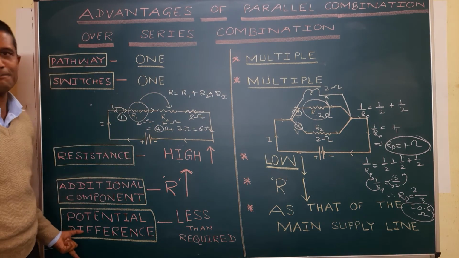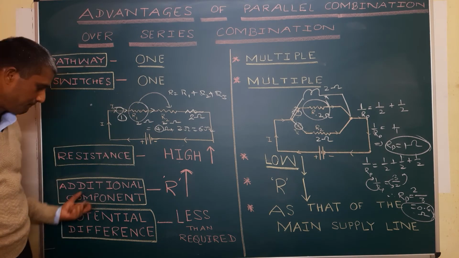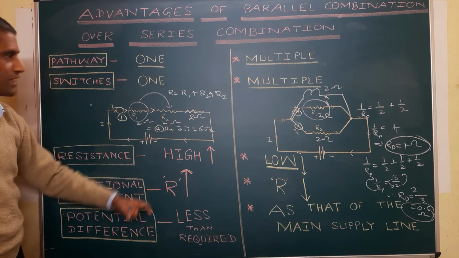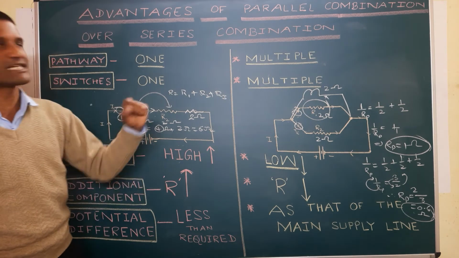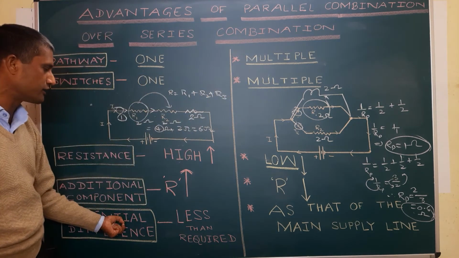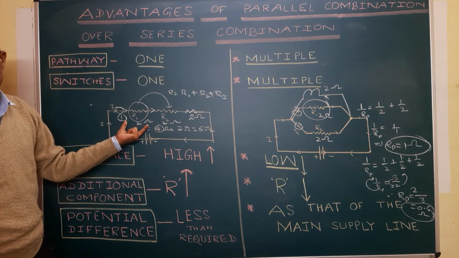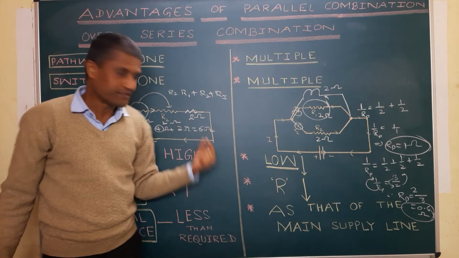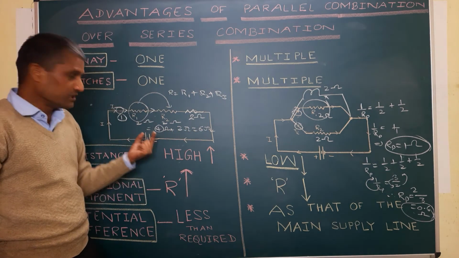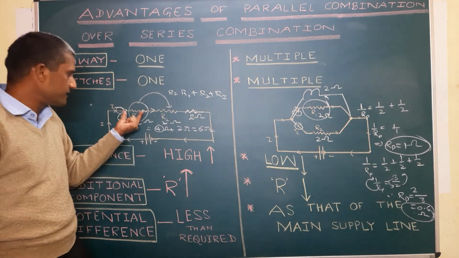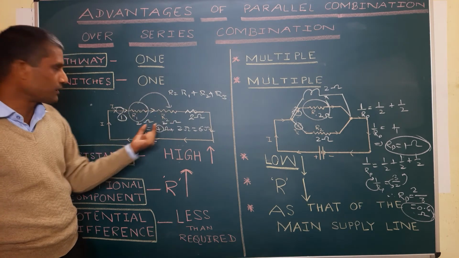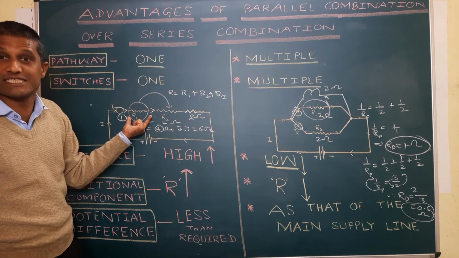And the last and final component is potential difference. Potential difference you have learnt in in-depth analysis of series as well as parallel combination, that potential difference gets distributed in series combination. What does it mean? That is, suppose it is 220 volt, not a single resistor will get 220 volt here, neither R1 nor R2, because both are put in series combination.